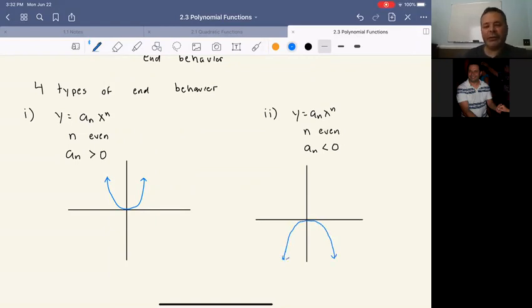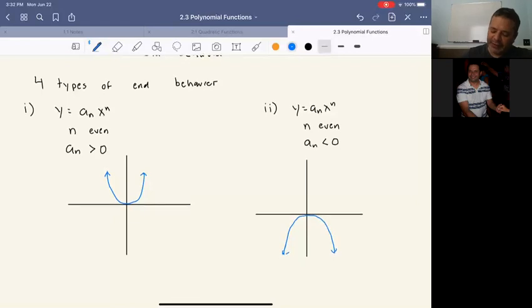In the second case, we say it falls to the left and right, whereas in the first case, it rises to the left and right.